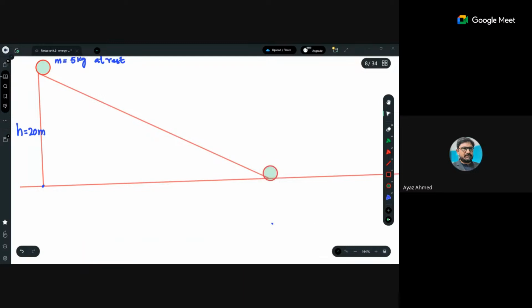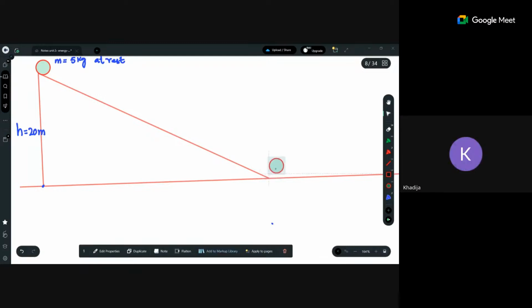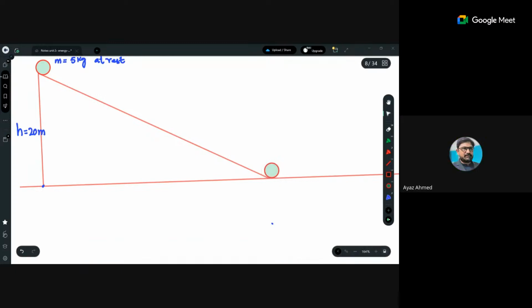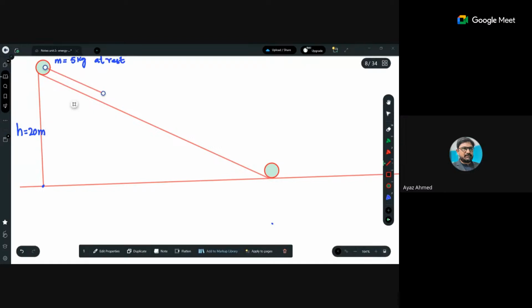Right? Yes, sir. And where is that energy coming from? That energy is coming from its loss in height. As it has lost height, it is gaining kinetic energy.